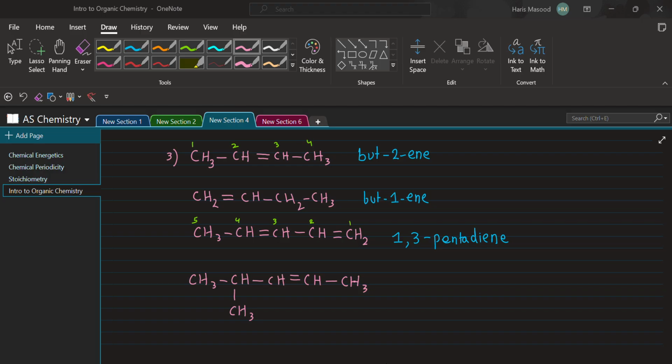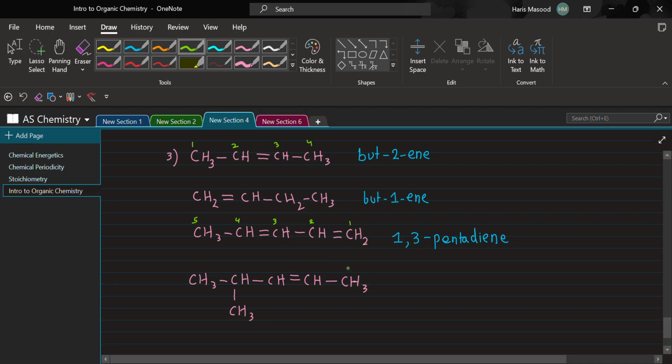So always remember, the functional group will take precedence, it will be your priority first, not the alkyl group. So we'll take the straight chain and number it. What I told you, the alkyl group is not your priority, the functional group is your priority. So from which carbon should you start numbering? From this carbon.